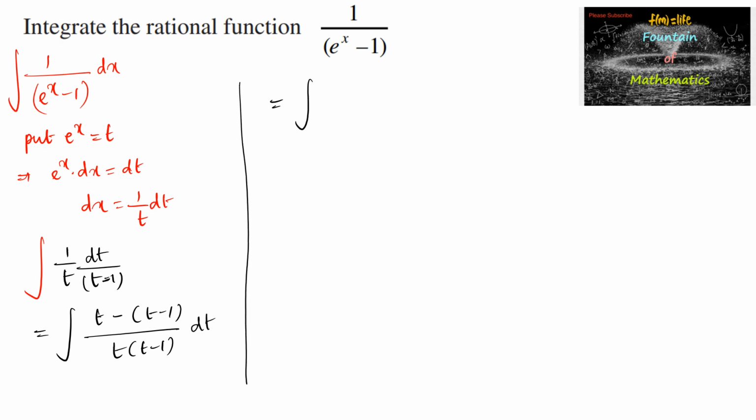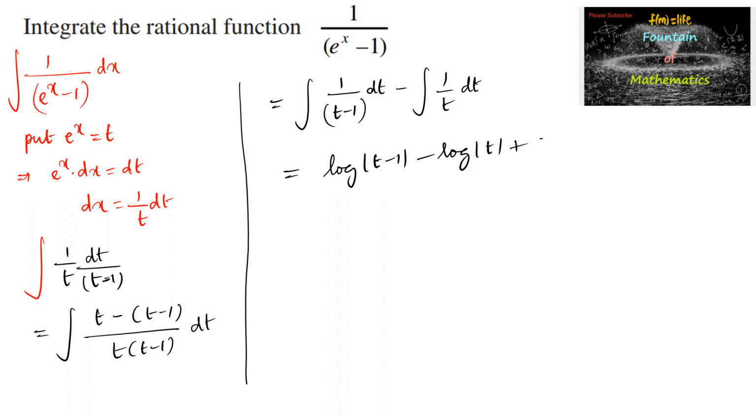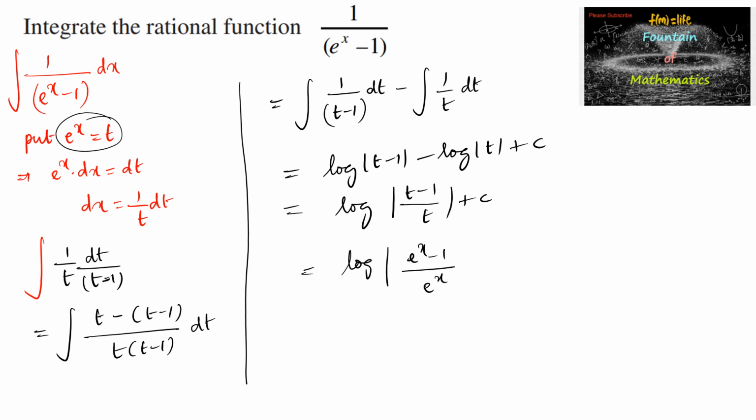Simplifying, we can write integral 1 upon t minus 1 dt minus, that is 1 upon t dt, which is equal to log mod of t minus 1 minus log mod of t plus c, or we can write log mod of t minus 1 upon t plus c. Let us substitute it back. T is equal to e power x, so e power x minus 1 upon e power x plus c is the answer.